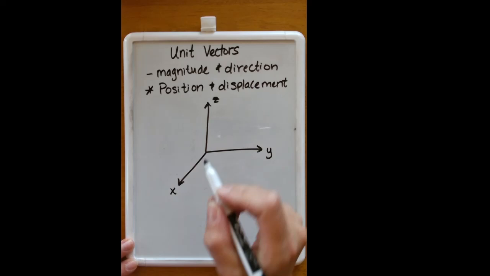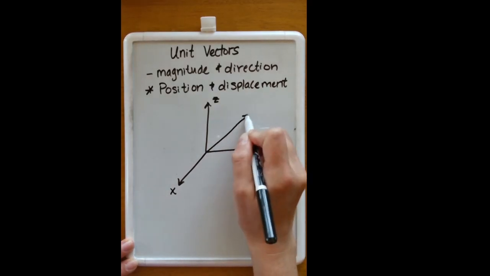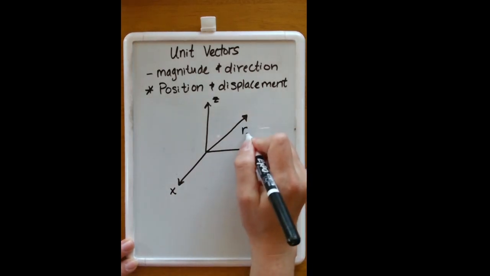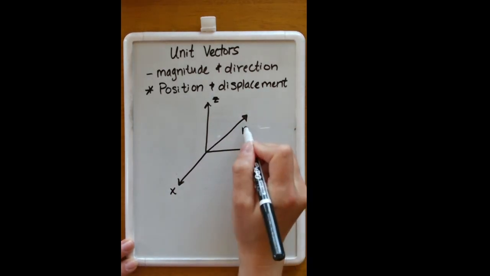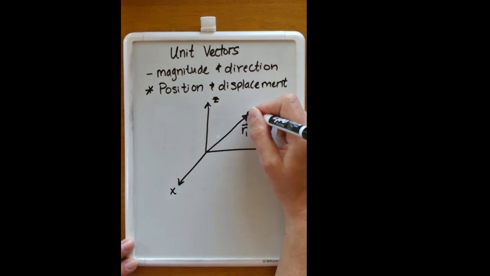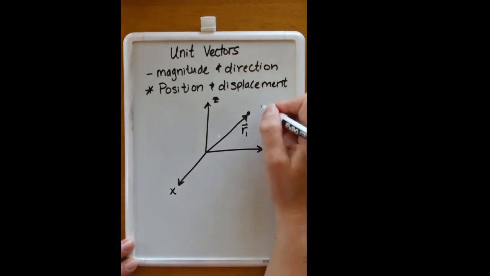So in our system, we would draw a position vector. And I'm going to call this R1. And to denote a vector, we're going to put a little arrow over the top of that R so we know it's a vector. And that would be a vector relating to a point that would be at a coordinate x1, comma y1, comma z1.